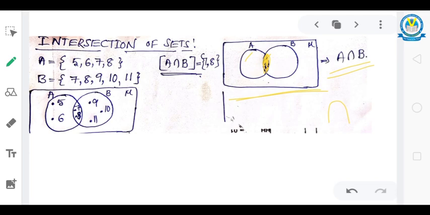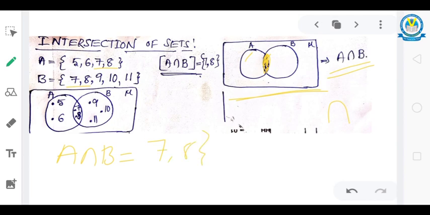So here our question: A equals 5, 6, 7, 8. The elements of A are 5 to 8, and the elements of the B set are 7 to 11. Observe both sets. Here A and B have the same elements, 7, 8. So A intersection B equals 7, 8.